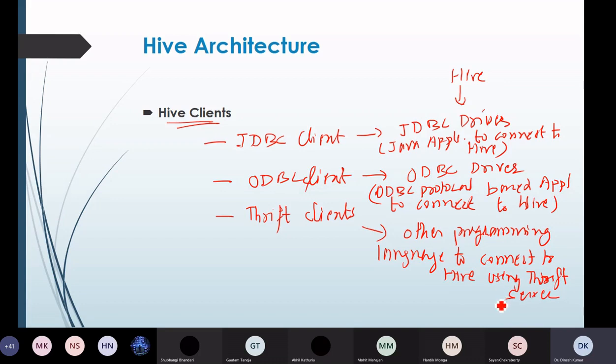And your Hive server is basically based on the Apache Thrift, so that it can serve the requests from the Thrift client. Right? So this particular Hive server is based on the Apache Thrift.